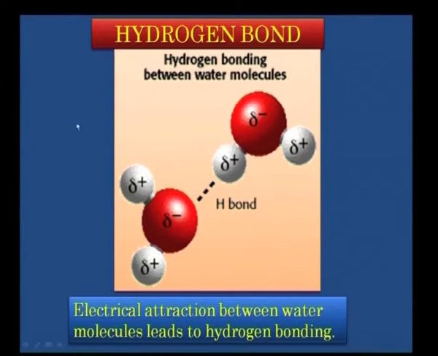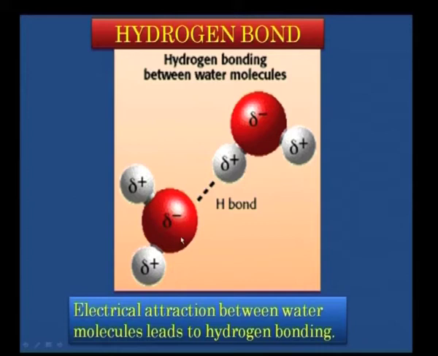Okay. So, you look at the hydrogen bond. Having understood the water molecule, this is oxygen here, 2 hydrogen atoms here. You try to understand hydrogen bonding between water molecules. You have one water molecule, with oxygen here and 2 hydrogen atoms, H2O. This is another H2O.